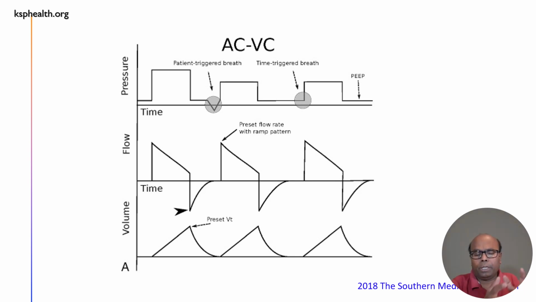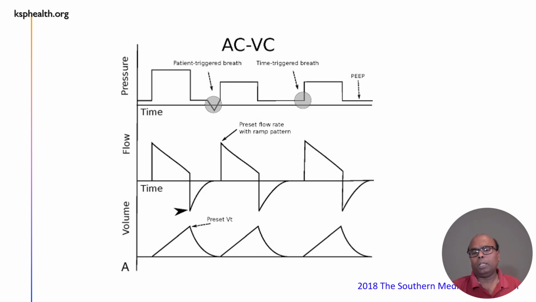In assist control, there are two modes. The volume control can be intermittent mandatory, which means every breath is time controlled, or it can be time controlled with the patient triggered option. This is called assist control. As you can see here, when the patient triggers the ventilator with a spontaneous breath, the ventilator delivers the preset volume.